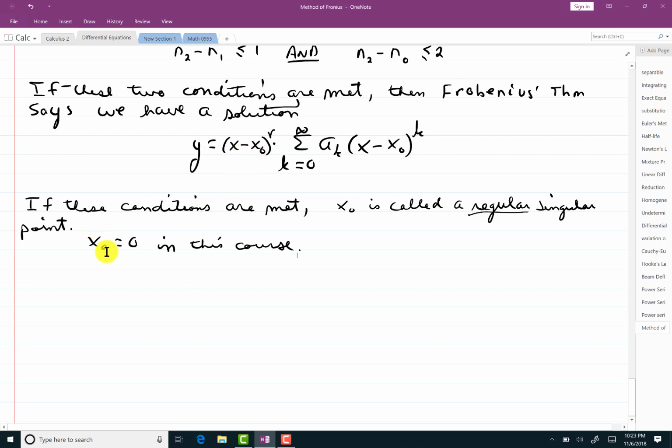So letting x sub 0 equal 0 in all of our cases only makes the computations more bearable, but it doesn't change any of the theory. All we would simply do is change all of our series from x to the r times a sub k x to the k, and we would simply substitute x minus x sub 0 in those spots. That's really all that would happen.